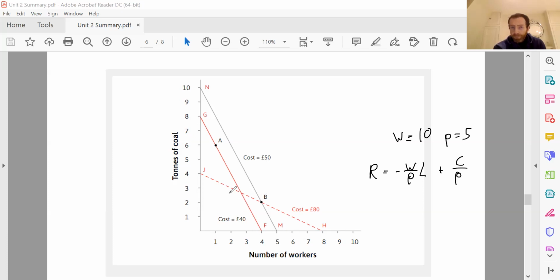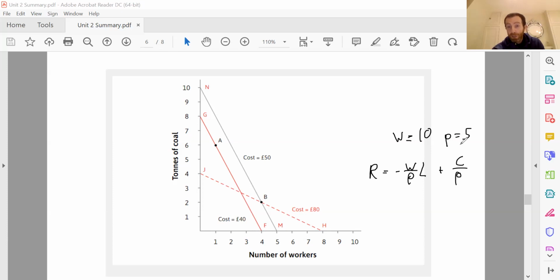And maybe a final point on this: the lines have become steeper and now they're choosing technology A, which uses quite a lot of coal and not many workers. If we think about the change that's happened, this makes perfect sense because workers still cost the same, but coal is now much cheaper relative to workers.